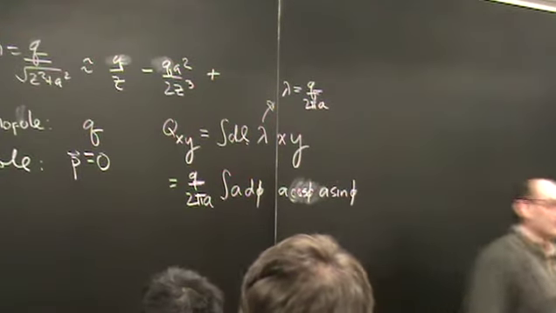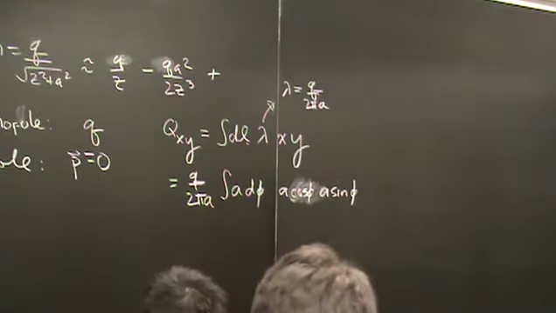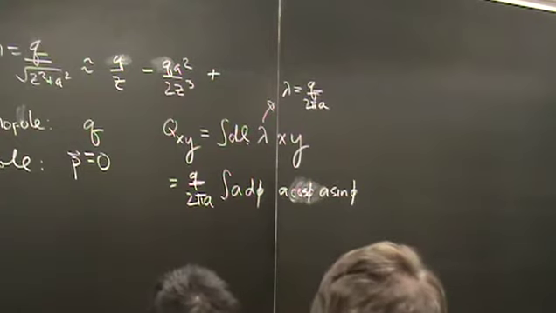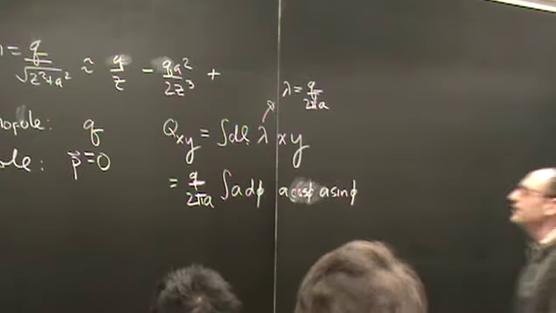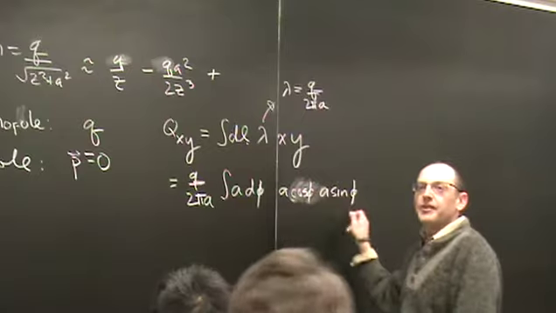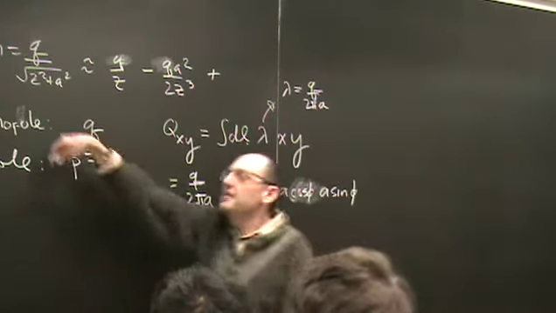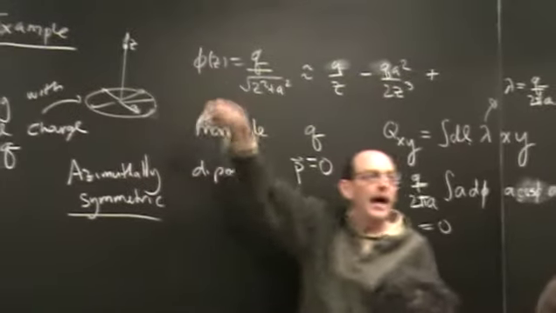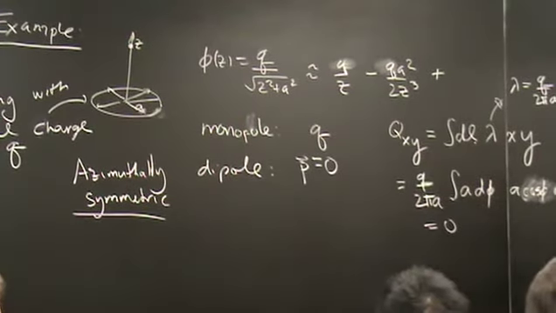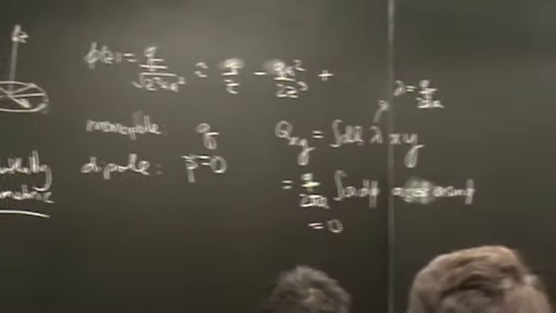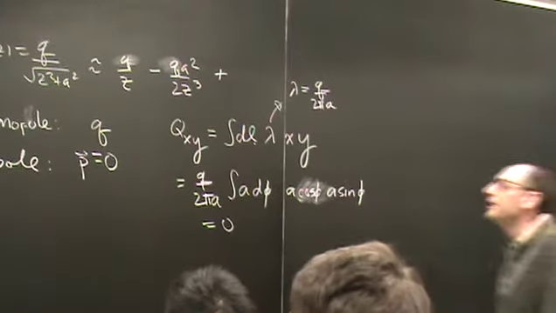All right. So, what is that integral? It's 0, right? The integral of cosine times sine around 2 pi is 0. We knew that. There's no difference between x and y. It's azimuthally symmetric, so this has got to be 0.